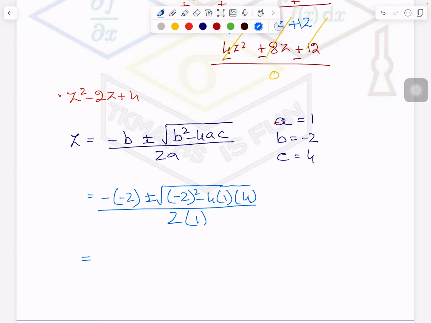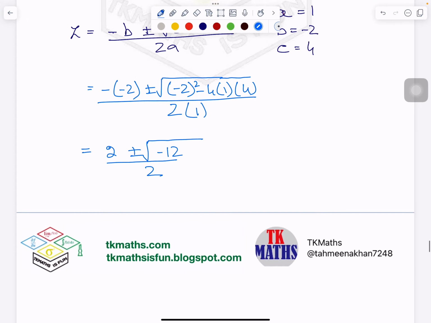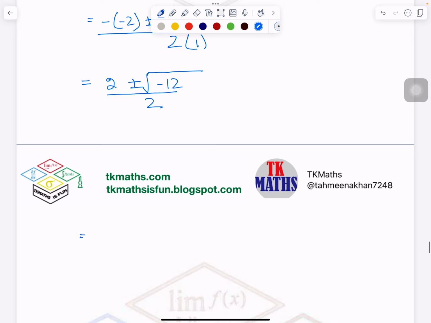So what will it be? 2 plus minus square root of 4 minus 16, which is minus 12, over 2. Now from here, inside the root I can write 4 times minus 3. And you know that if in the root you have two terms, you can write them separately.